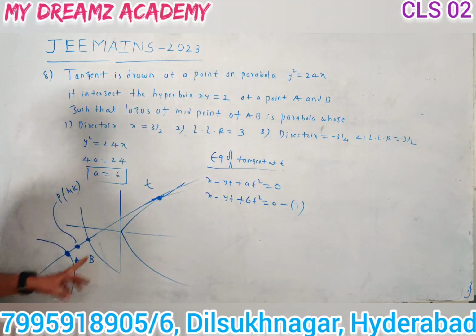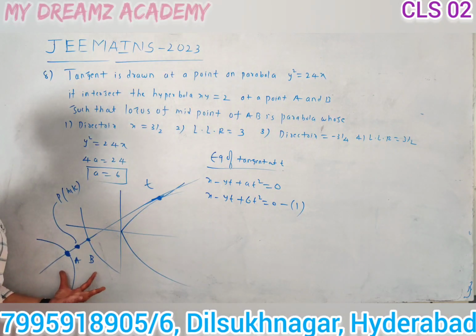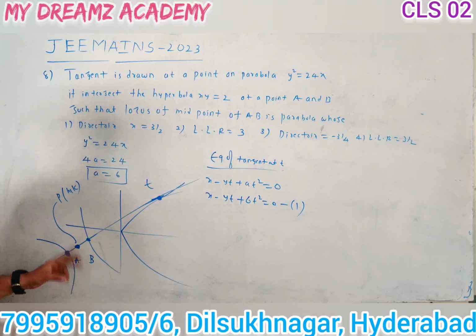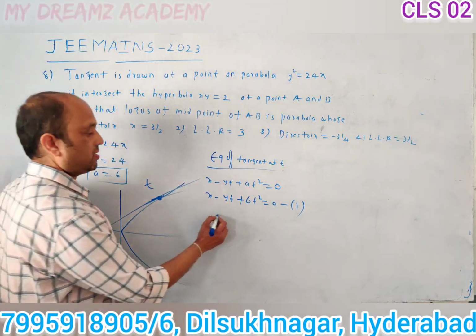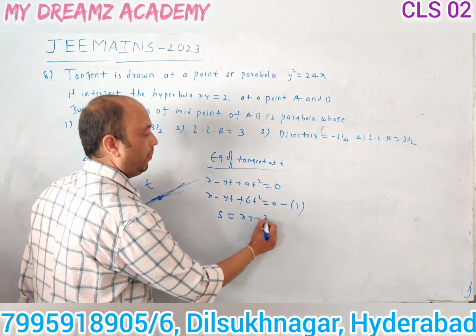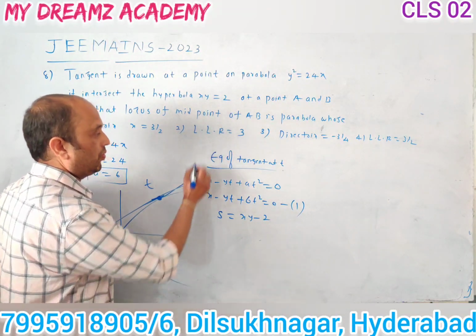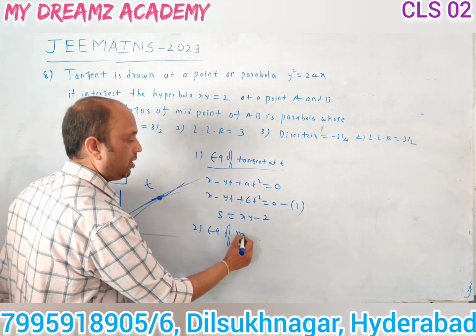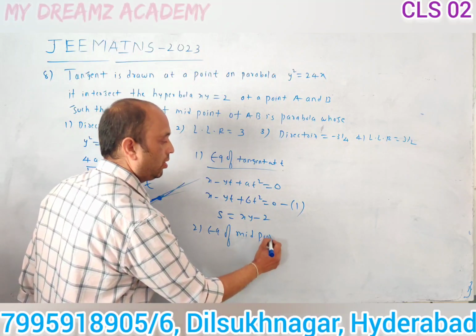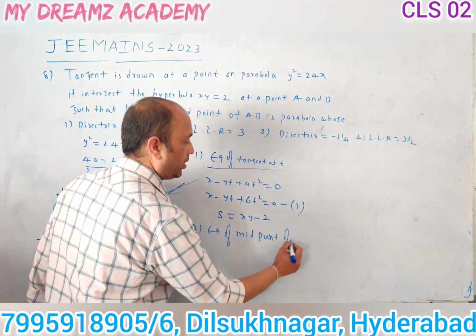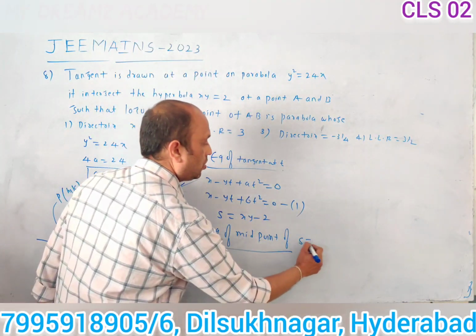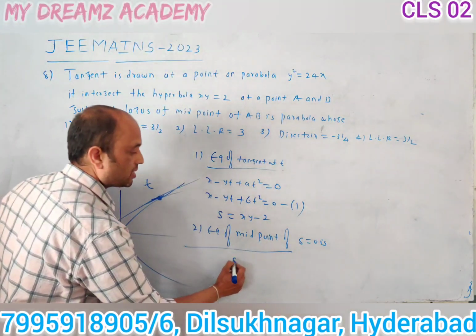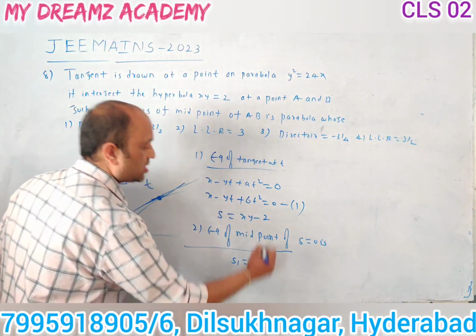This tangent has the midpoint of AB of the rectangular hyperbola S equals xy minus 2. Here we know that the equation of the chord with a given midpoint for S equal to 0 is S1 is equal to S11.